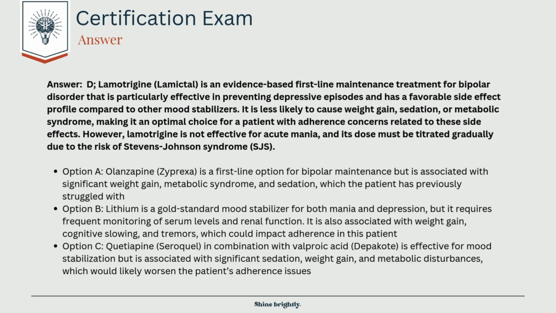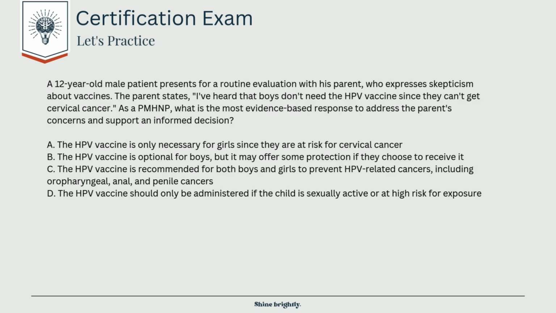So we always consider patient-specific factors like adherence, side effects, and episode history when choosing a maintenance medication. This is key for both the exams and in practical use. All right, great job. Let's go ahead and move on to our next clinical question case.